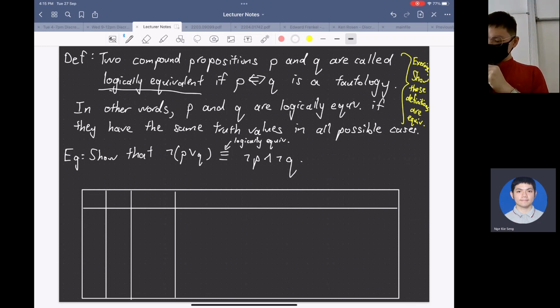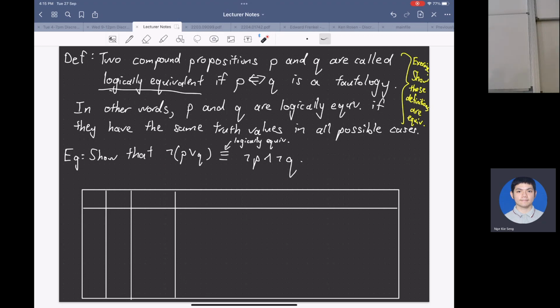Okay, so my first question is how to show that these two compound propositions are logically equivalent. You want to draw it on the blackboard?